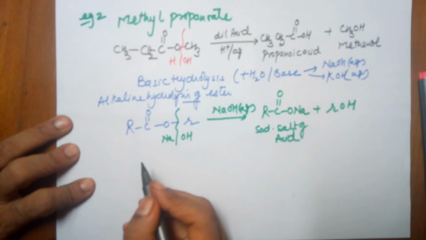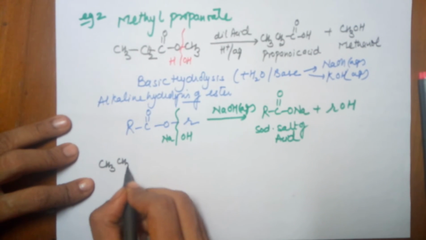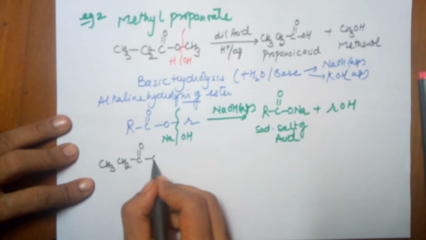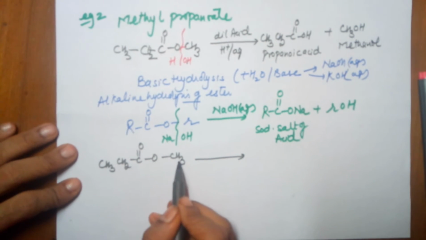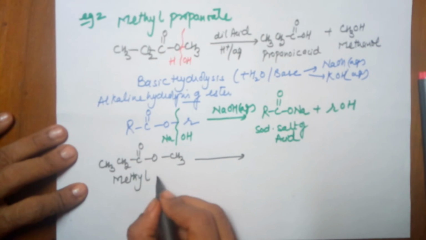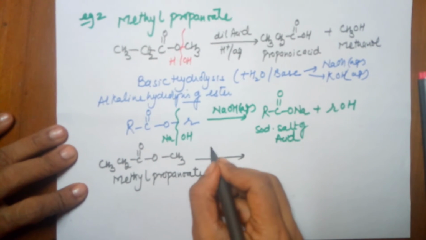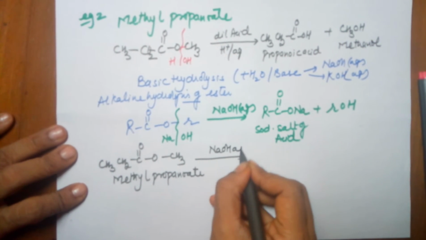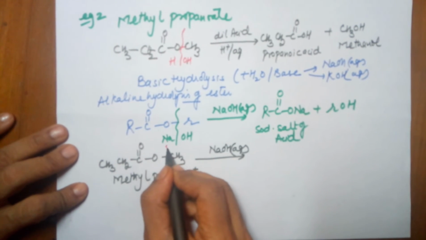One more specific reaction under this category. CH3CH2COOCH3. That's the ester that I've taken. Let's give it a name first. Oxygen side first, 1 carbon, methyl. Carbon side after that, 3 carbons, propanoate. NaOH aqueous. On adding NaOH aqueous, this ester would break.